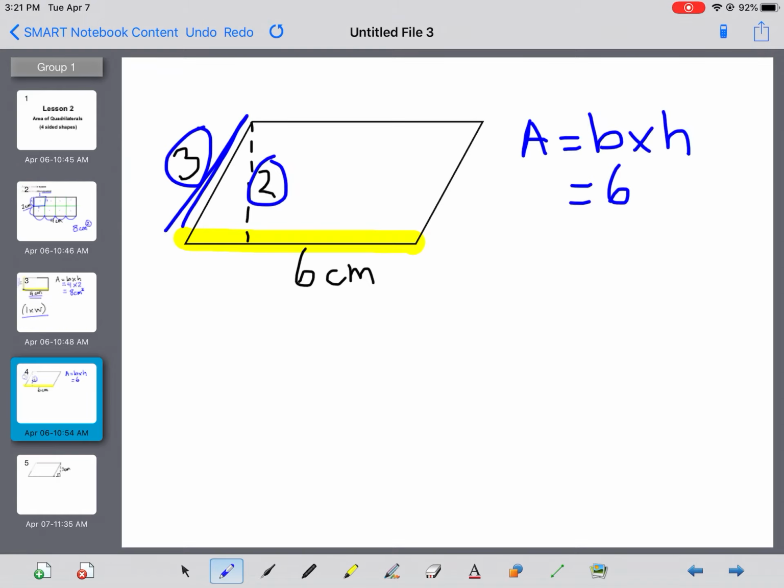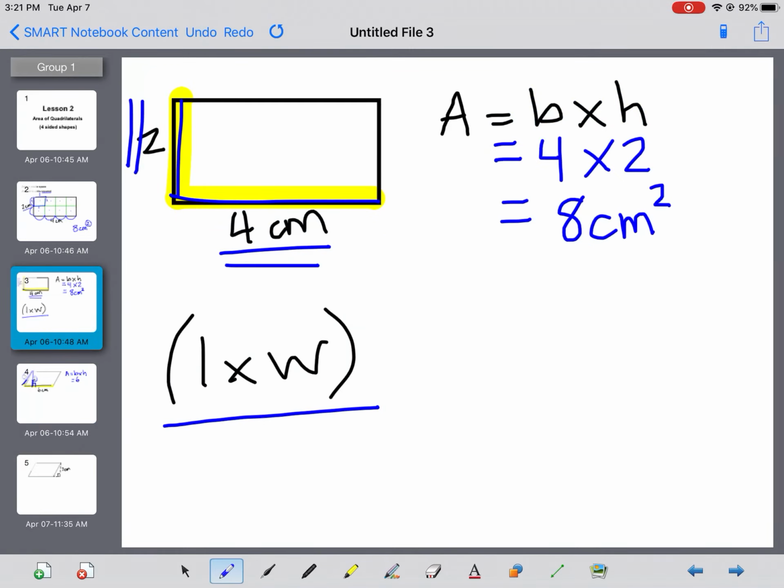Only one of them is correct. This distance right here is actually just a side length. In order for it to be considered a height, we have to have a straight line coming from the base to the top, and actually the rule is it has to make a right angle.